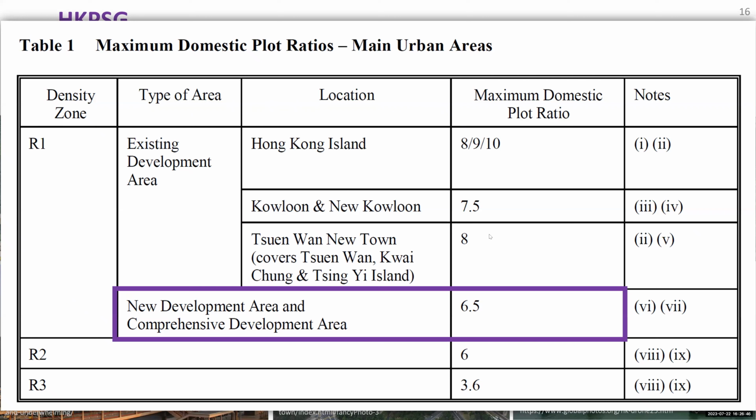Yes, it's lower than what you can find in Hong Kong Island or Kowloon or Tsuen Wan, but it's still pretty high. If planning needs to pay attention to the context, that is something we may not be able to do if we follow these standards and guidelines.